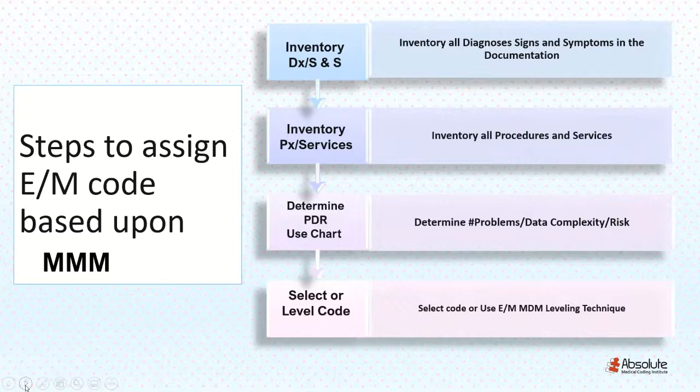Next would be to inventory all your procedures and services. And then next would be to determine the number of problems, data complexity, and risk, that is your PDR, using the charts. And finally, select or level the code. So you would be selecting the code or using the E&M MDM leveling technique. All right, so now I'm going to hand it on over to Ms. Rochelle for the closing.